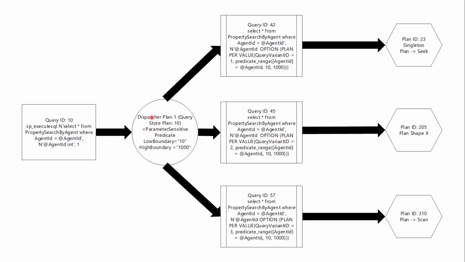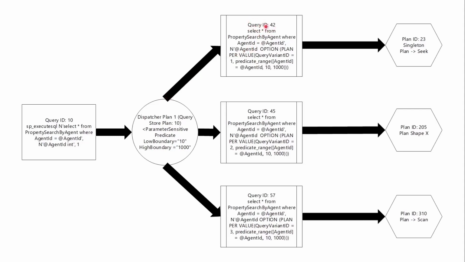You'll also see where the original query creates a dispatcher plan, which also gets a query store ID. There's some additional metadata, the dispatcher expression, that gets saved in there. But the dispatcher, as we mentioned before, will go out and generate a query variant.